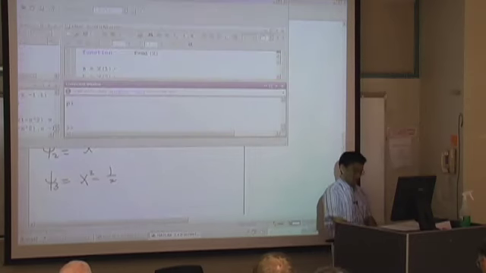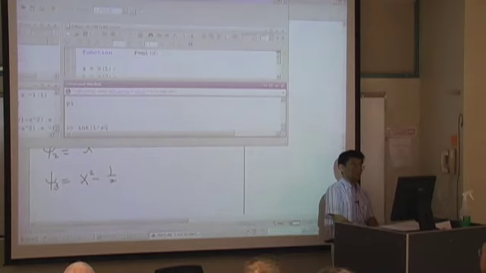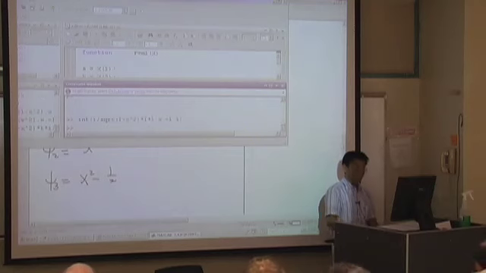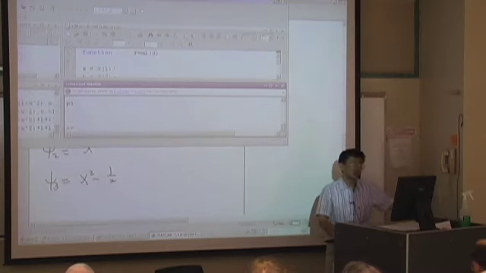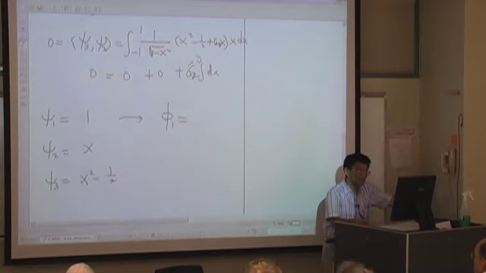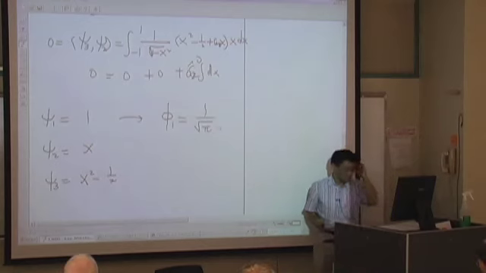The norm of 1 is integrating the function 1 over the square root of 1 minus x squared, multiplied by 1, 1, dx from -1 to 1. So, oh, sorry. Pi, right? Pi is the result of this. So pi is the result of the calculation. So we should take a square root. So this is the orthonormal basis.